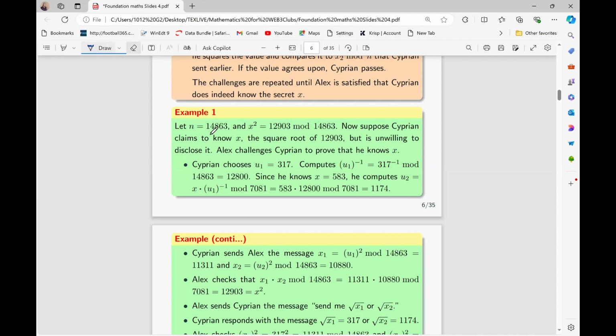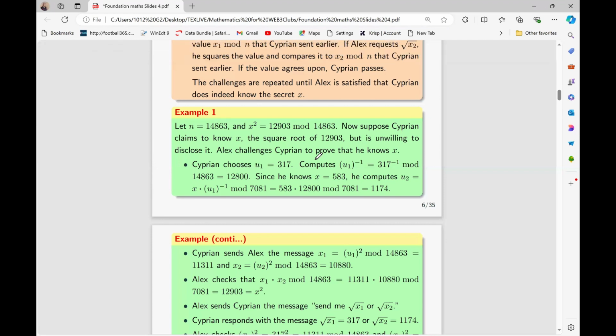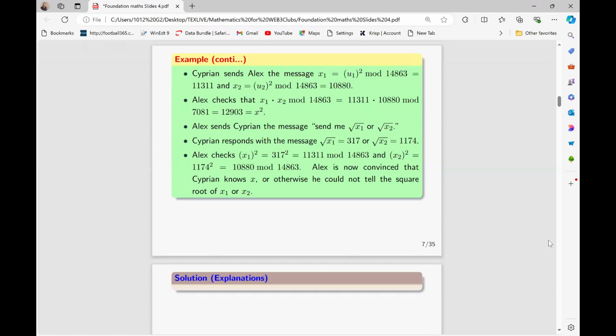Okay, so Alex has asked this Cyprian to verify he knows x. Cyprian has decided to choose a number u1 and get its inverse. I think we know how to get the inverse of this. Let me just again show you how to get the inverse. We are doing this mod 14,863, just for the sake of those who may not know.